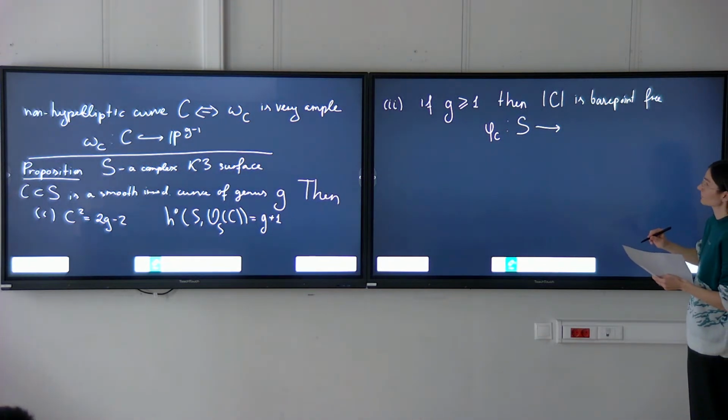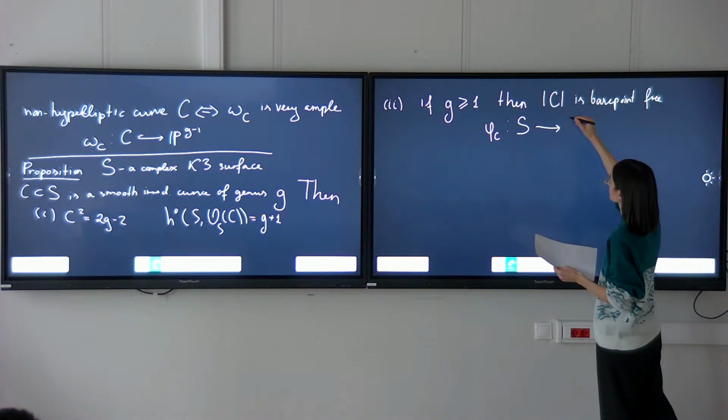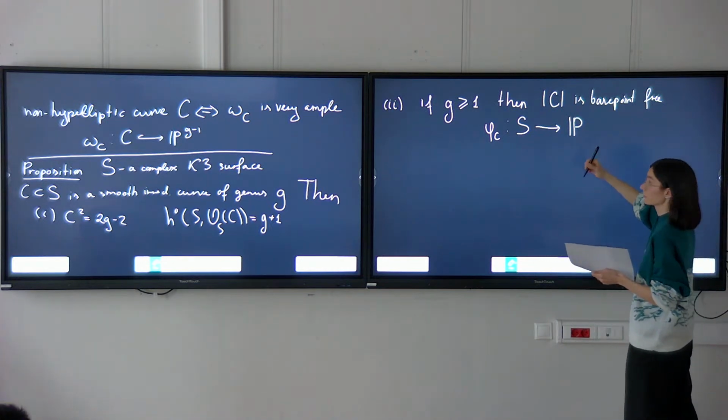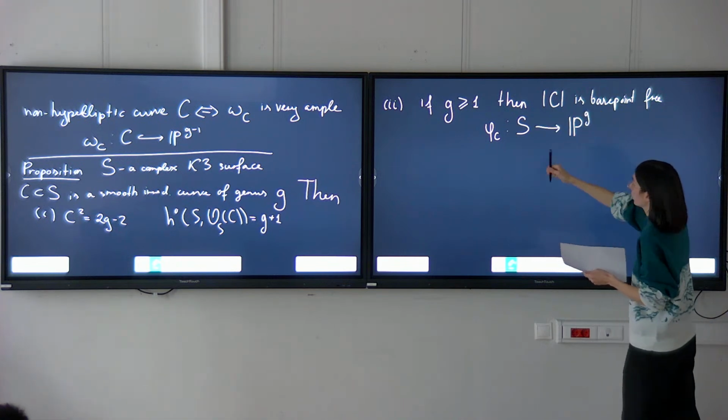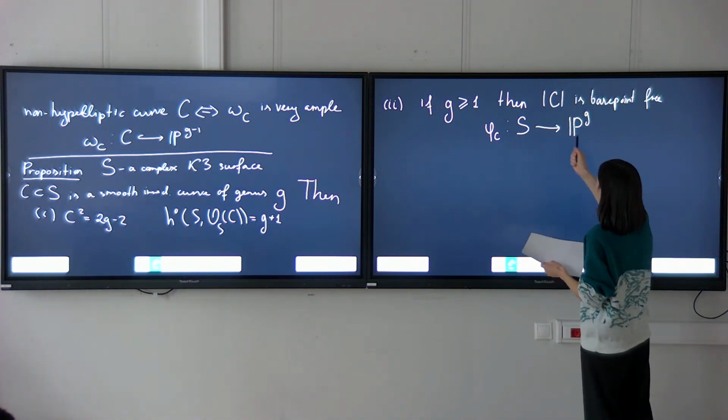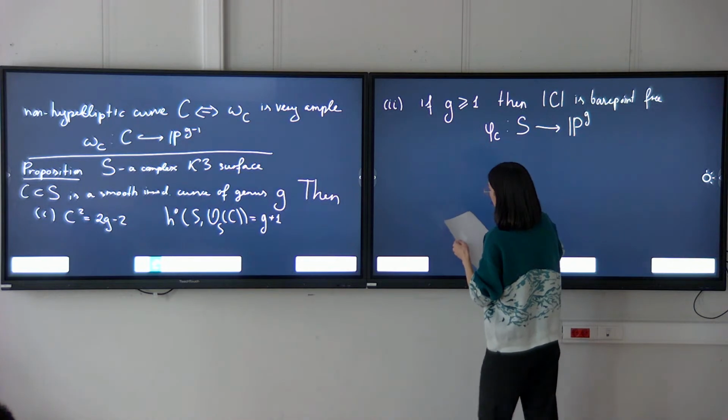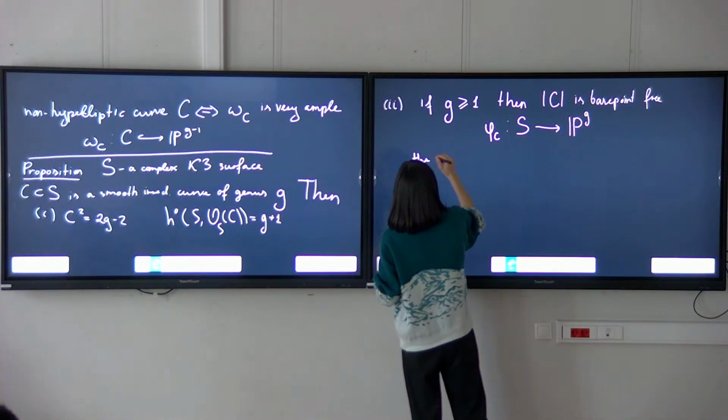To the projectivization of the two global sections. Yes, and what is the dimension? The dimension is just G. So we have a regular map from S to G.